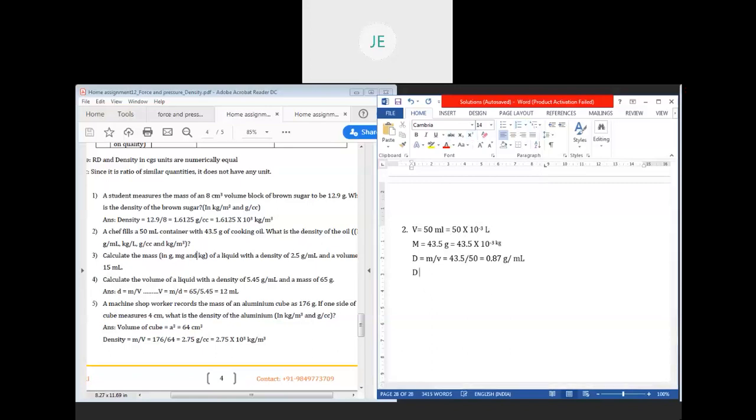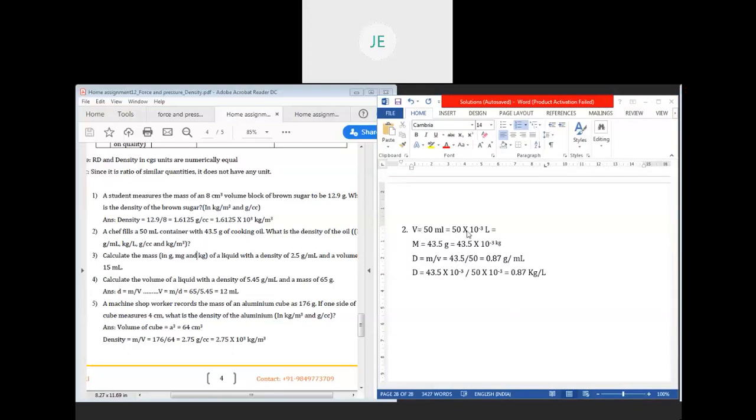Now they are asking in kg per liter. So if you do kg per liter, 43.5 into 10 power minus 3 divided by 50 into 10 power minus 3. So 10 power minus 3 gets cancelled, and we get 43.5 by 50, which is equal to 0.87 kg per liter. This is the answer in kg per liter.